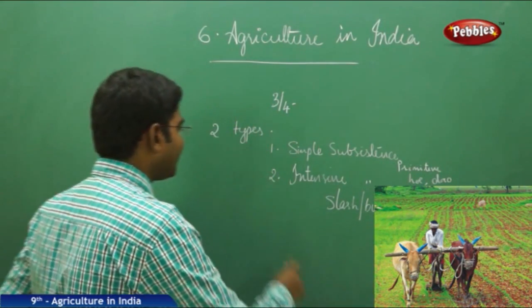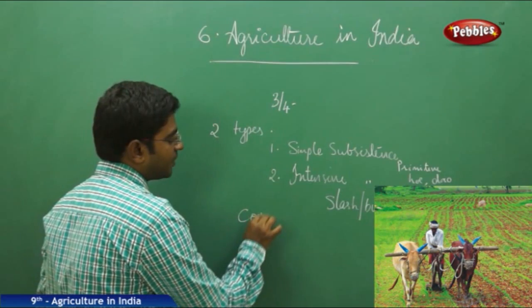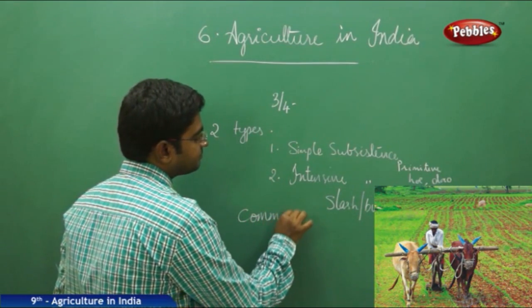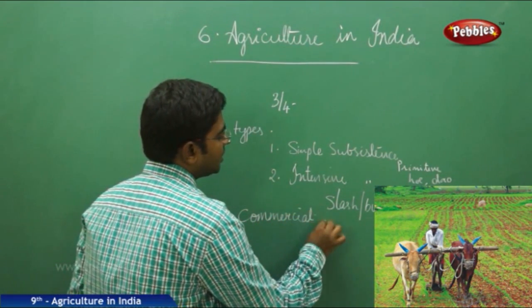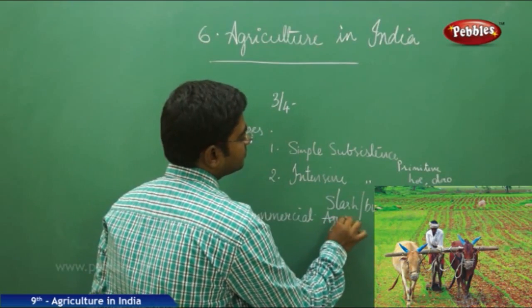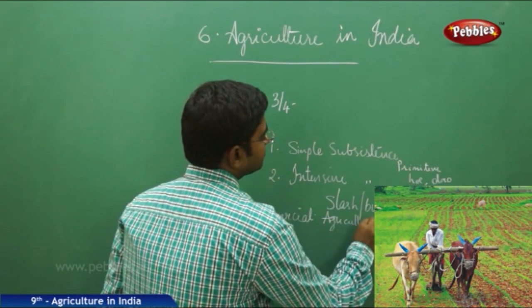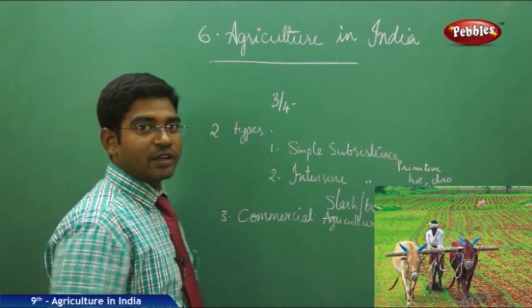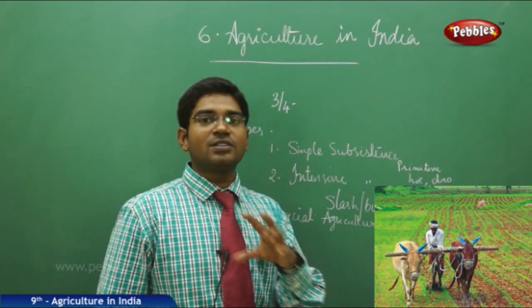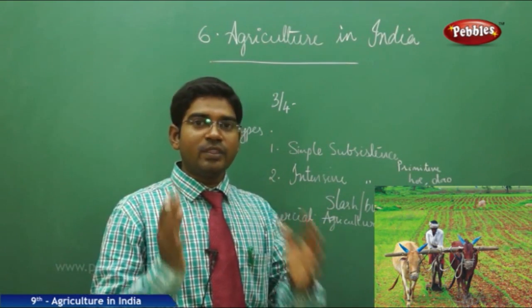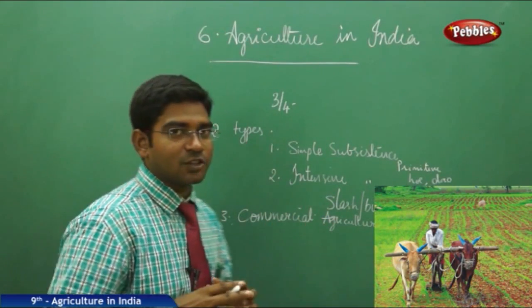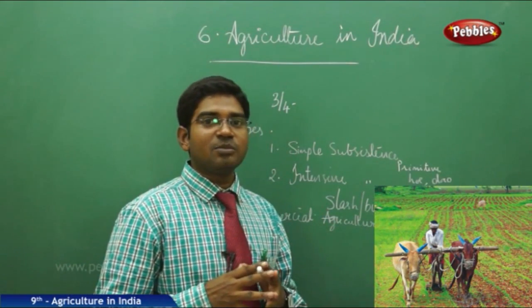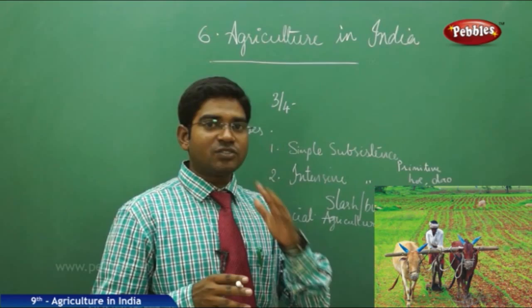Now we got the new development, that is the commercial cropping or the commercial agriculture. The third and the major important thing is the commercial agriculture, where the entire agricultural pattern is run today in the modern lines. The commercial agriculture is nothing but everything. Let's take seeds.